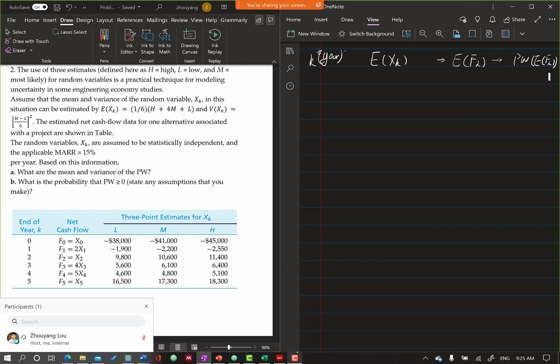Okay, now let's look at the first year, year 0. The expectation in this example is very straightforward, listed by this problem.